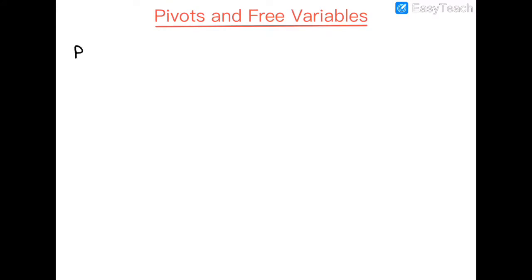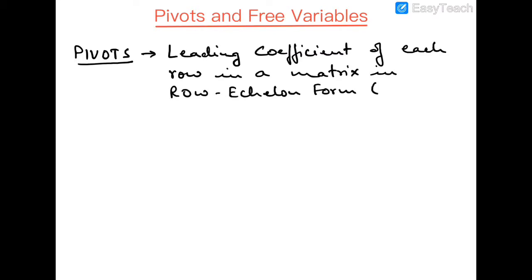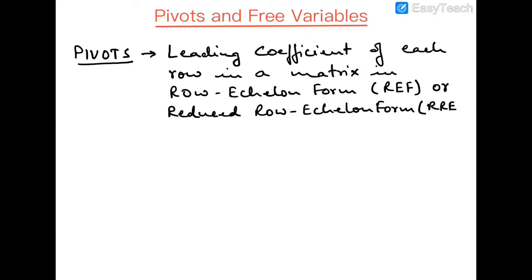So guys, today we will be learning about pivots and free variables. So a pivot is a leading coefficient or a leading entry or a first non-zero entry of each row in a matrix in row echelon form, that is REF, or reduced row echelon form, that is RREF.